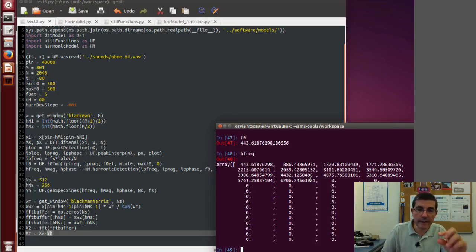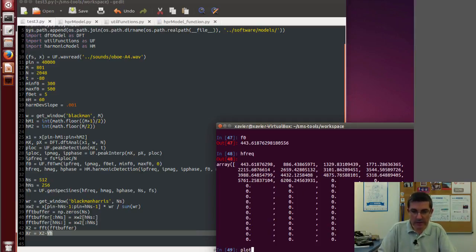Of course, we have chosen a threshold and a given set of parameters that has limited the number of harmonics to these, up to 6,000 hertz, so it becomes easier. So we have just analyzed up to this harmonic. Okay, then we generate these harmonics as a spectrum, and so it has generated YH.